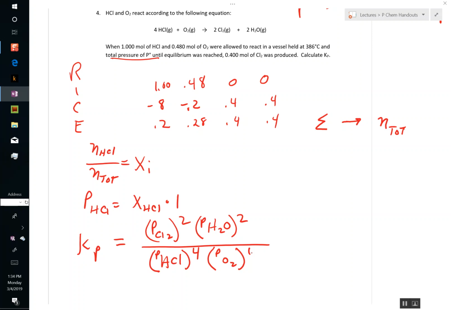Okay, it's not grabbing me what to do with C. How do you go from that extent of reaction to when the total pressure is?